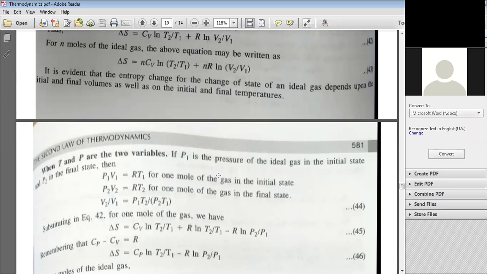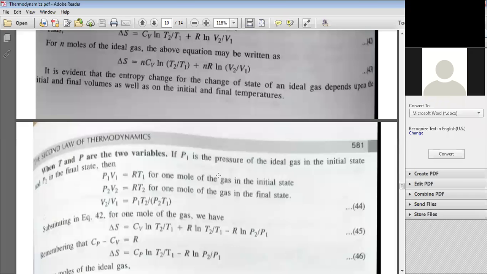So V2 by V1 comes out to be P1 T2 divided by P2 T1 in the denominator. Now we have to substitute this value of V2 by V1 because V2 and V1 are not given to us. What we are given is only temperature and pressure.